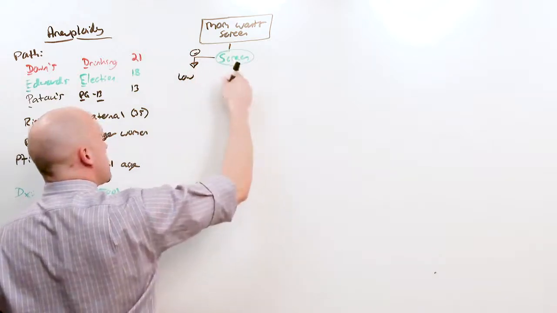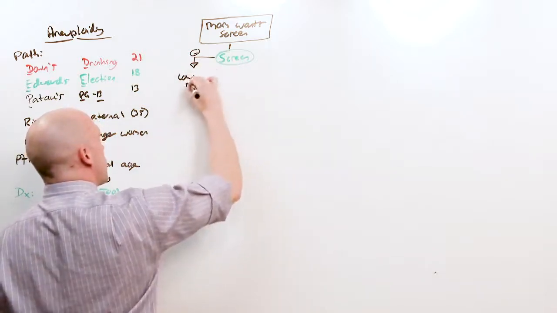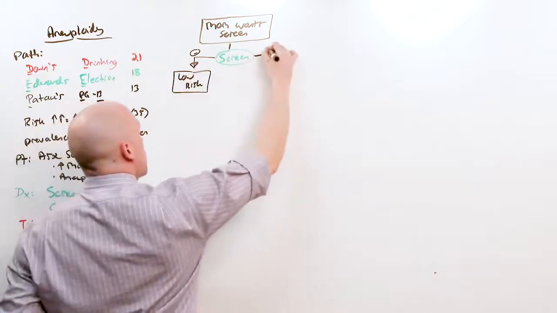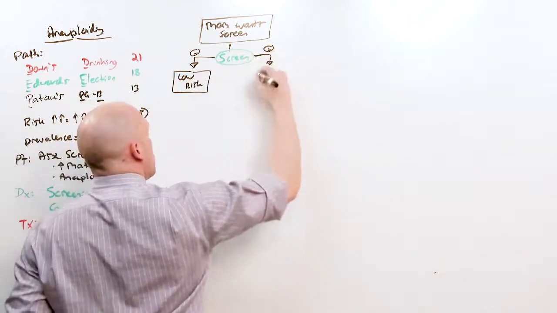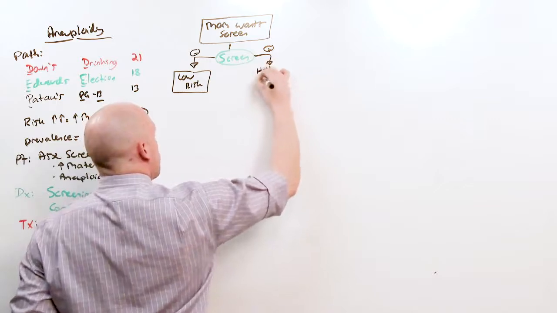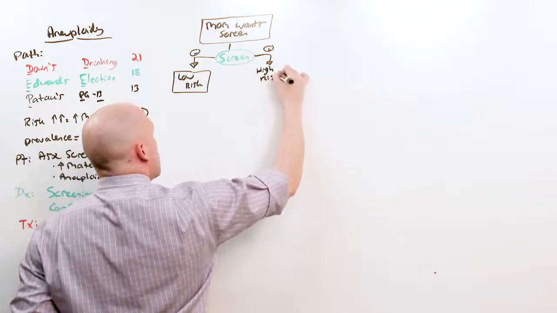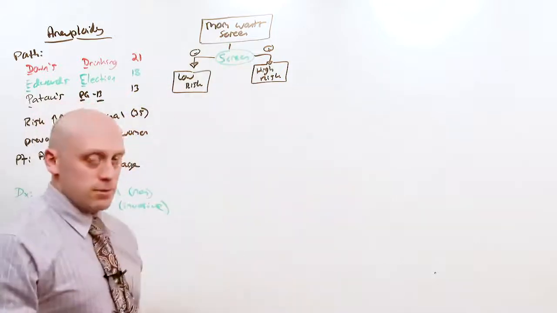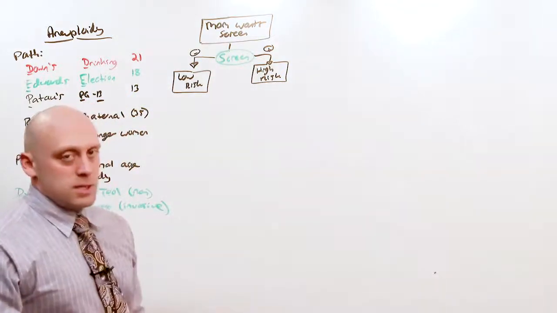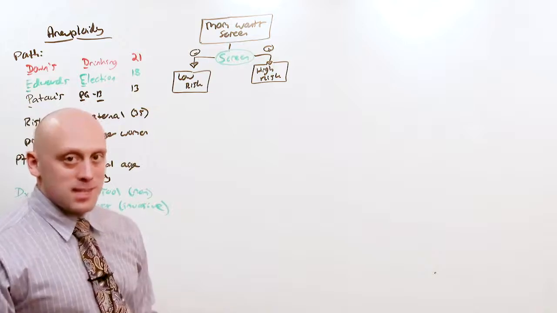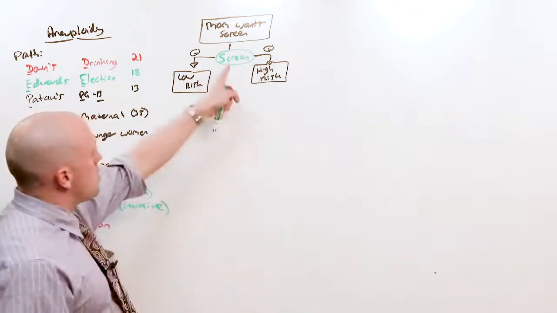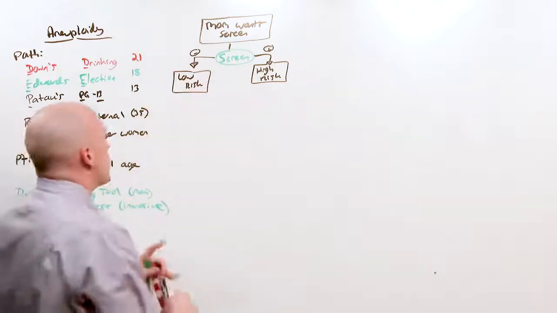If the test is screened negative, quote negative, we say that she is low risk. If the test is positive, quote positive, it's high risk. Except for extenuating circumstances, if a screening tool is negative, there are sensitivities and specificities for individual tests for individual diseases, but don't memorize them. Memorize the concept of if screen negative, low risk, stop.